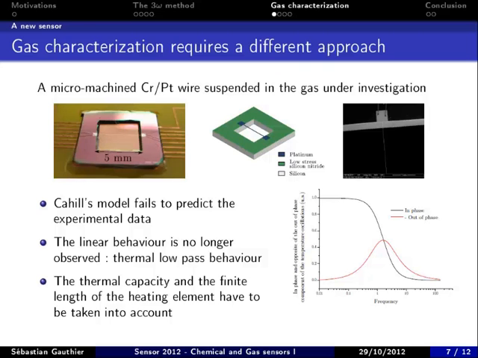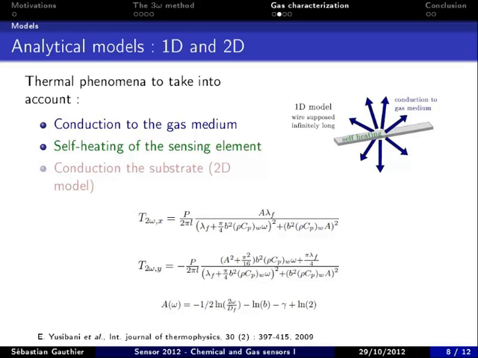In fact, the linear behavior is no longer observed, and we see this kind of thermal low-pass behavior. This is due to the fact that now some more thermal phenomena have to be taken into account. So we have first to take into account the conduction to the gas medium. That's what we want to characterize.